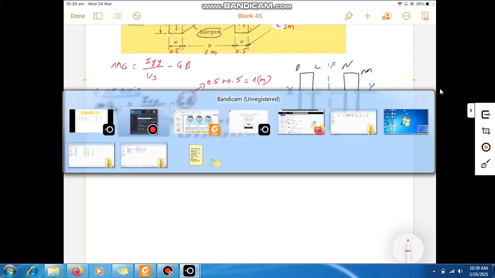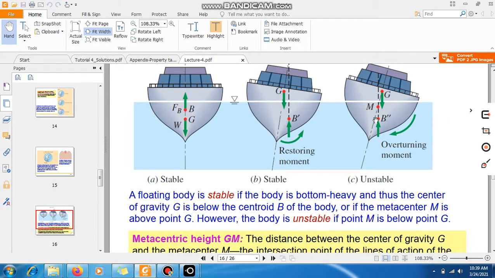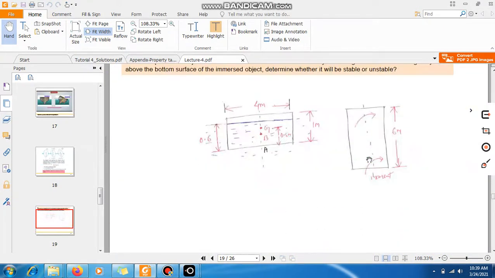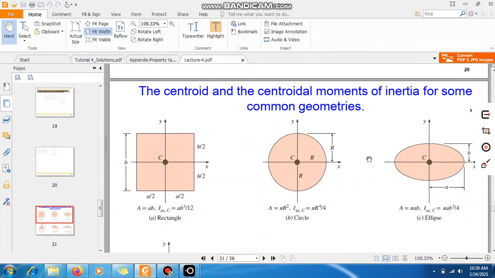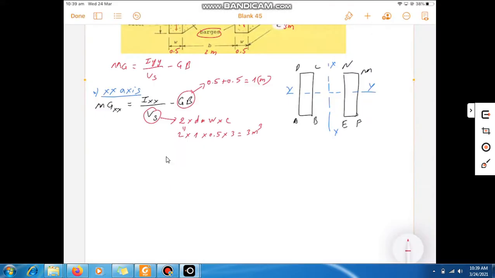Okay, so now we have to find MZ x, sorry, Ix. Okay, Ix, we have to look in the x direction, and to find Ix we have to use a figure in the lecture slide, this one.